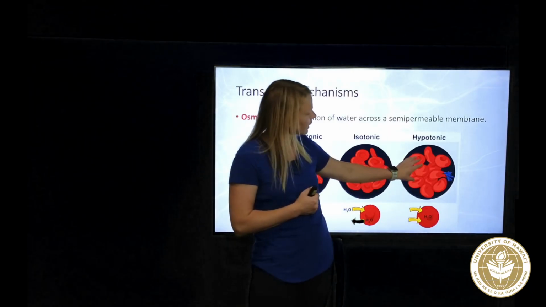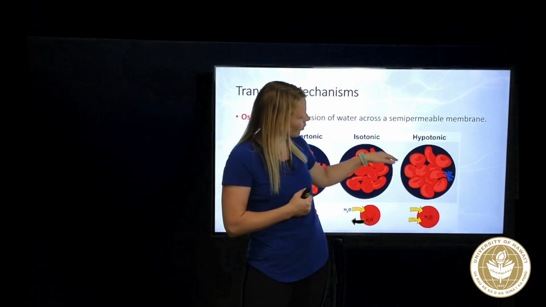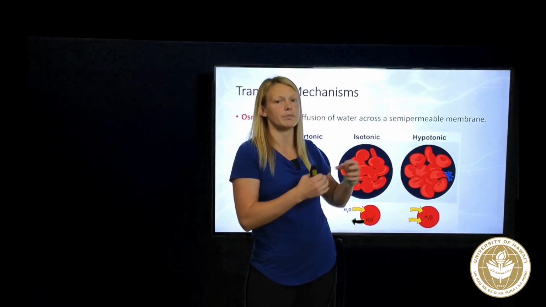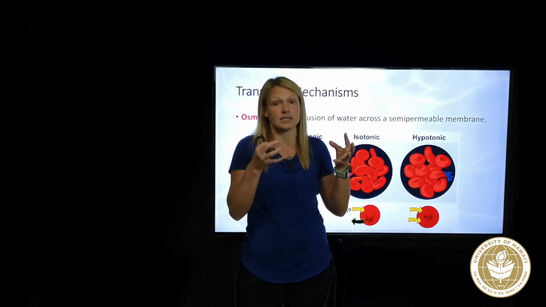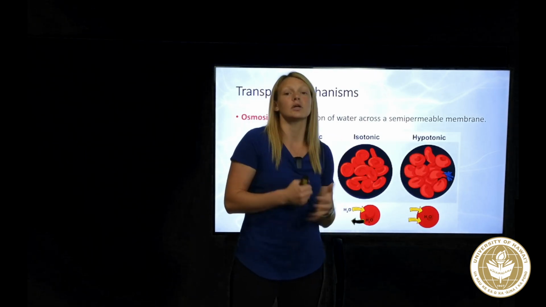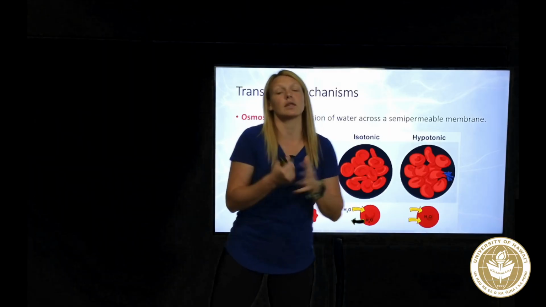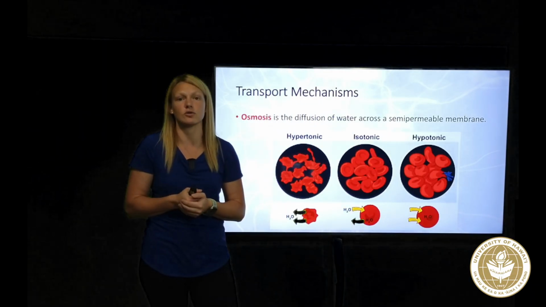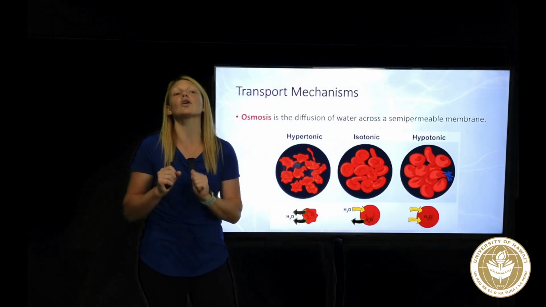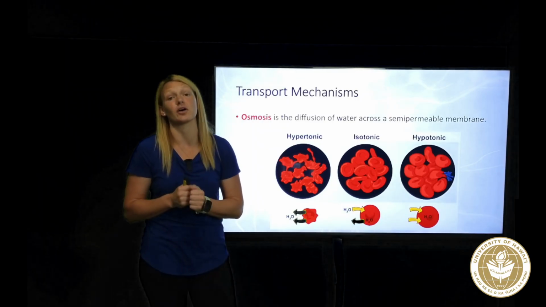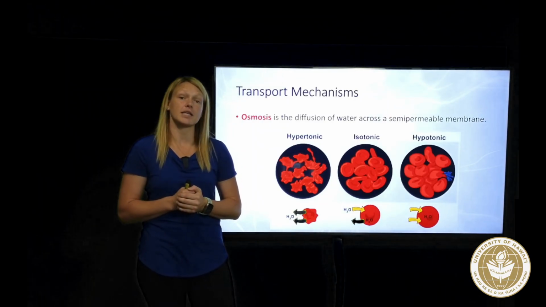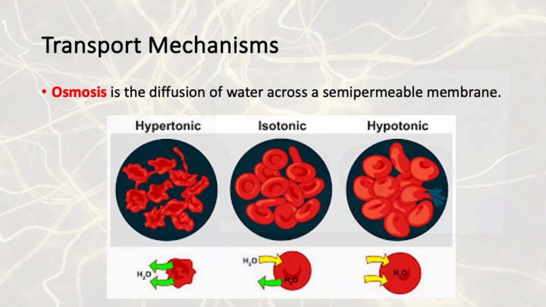Whereas in hypotonic, we have less solute out here. Water is going to flow in to try to make it so the cell has less solute and is equal to the medium that it is in, that hypotonic solution. So in all cases, water flows in a direction to even out the concentration on each side of that membrane.